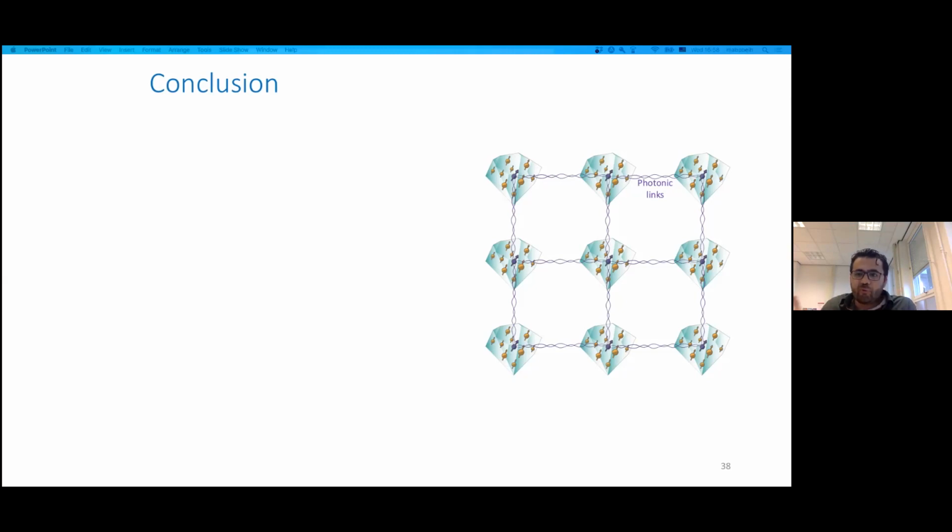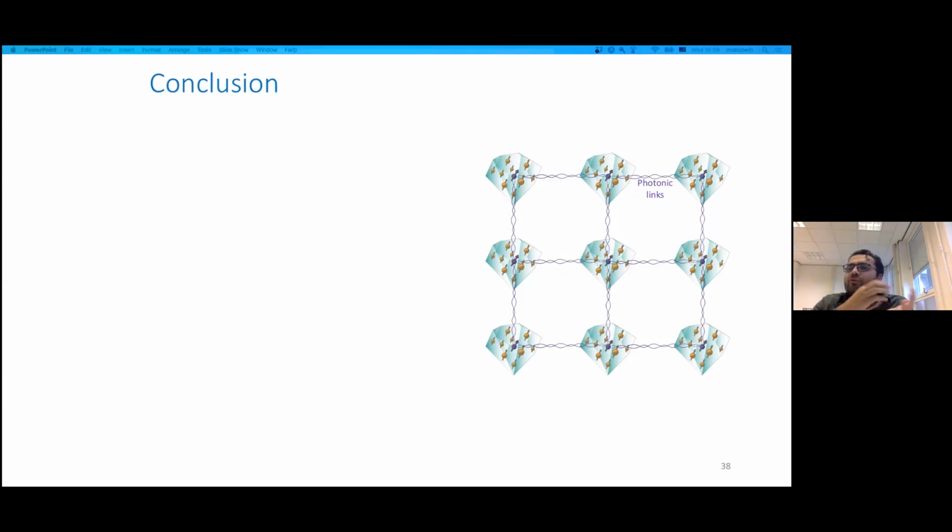So both in the group of Ronald and Tim, also considering other defect centers. For example, Ronald is now also considering tin vacancy centers, which in that case can be integrated on, for example, photonic crystal cavities. This would enhance these optical entanglement links much more.